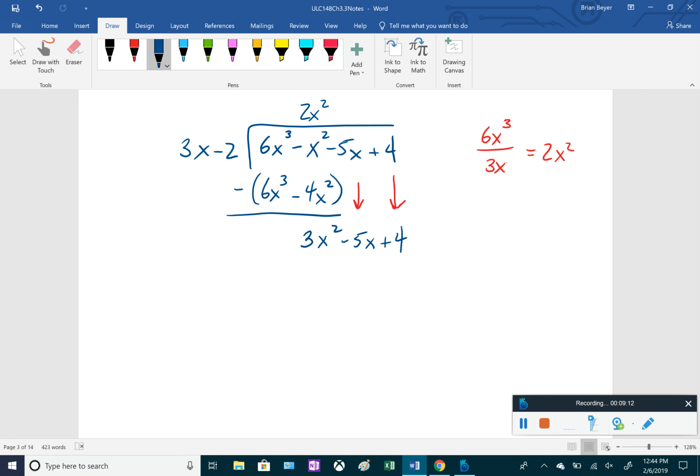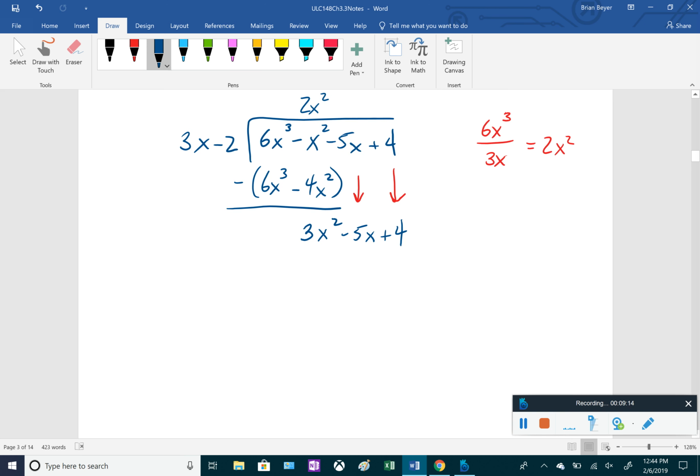So what do we have to multiply 3x by in the divisor to get to 3x squared? So that's the same thing as saying 3x squared divided by 3x, which is just x. So that's going to be plus x up here. We're going to multiply the x through and then subtract it.